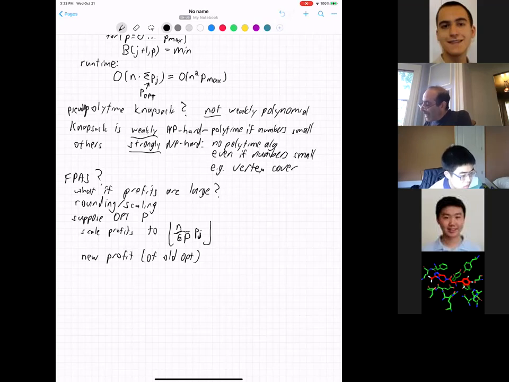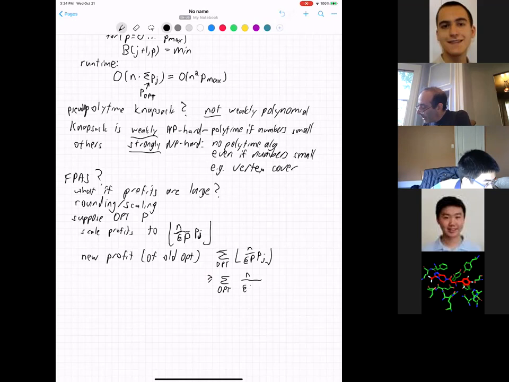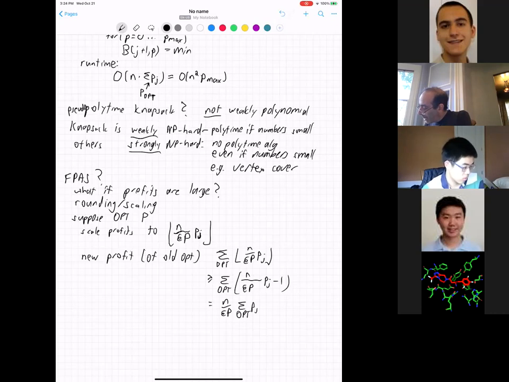Now, rounding down like that subtracts only the fractional part. So this is going to be at least the sum over these optimum values of n over epsilon p times pj minus 1. But now I can pull out the whole scaling factor and get back the sum over the optimum of the pj's.